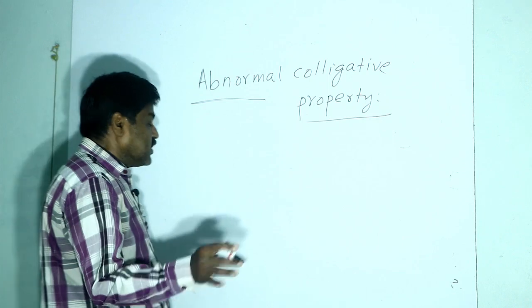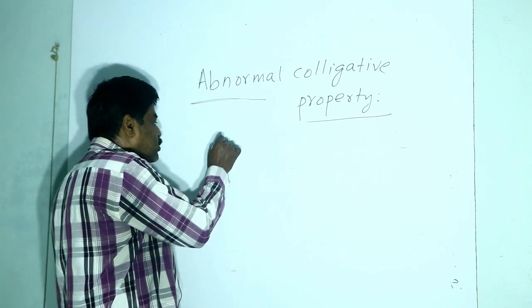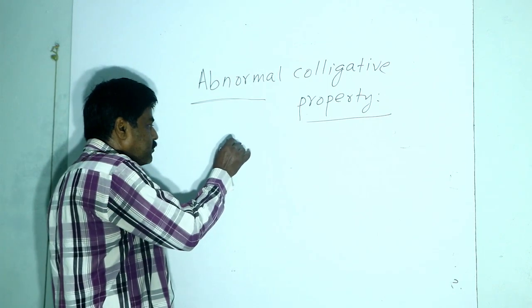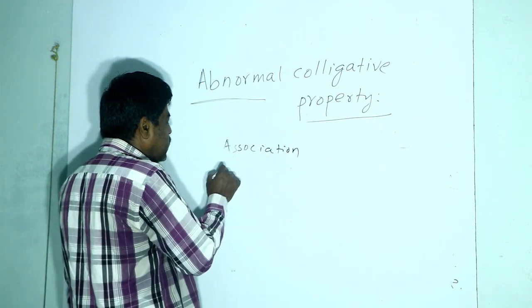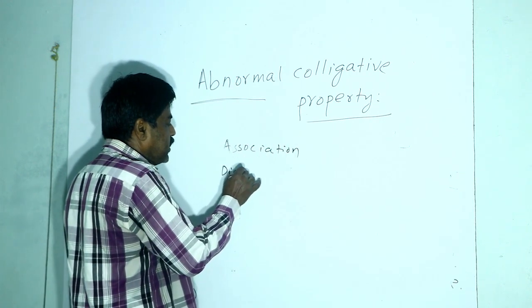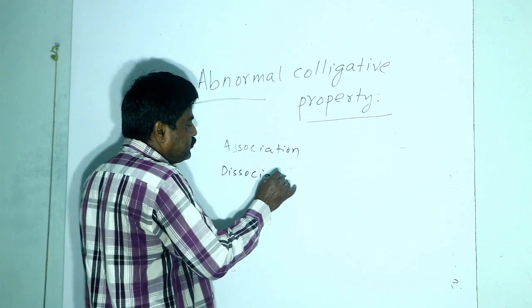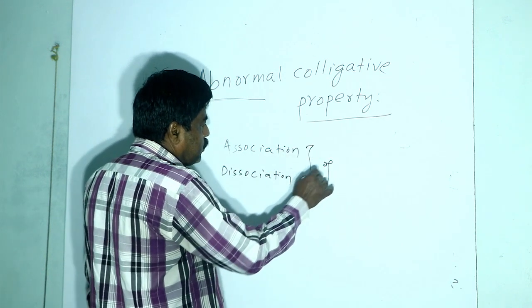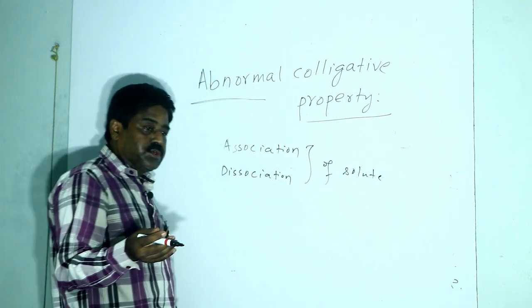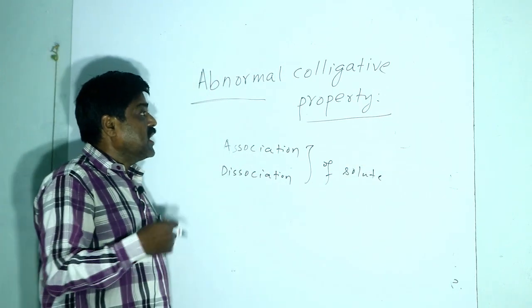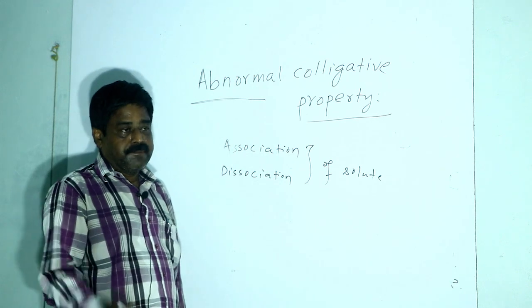So in case of association and in case of dissociation of solute, we get a solution which gives abnormal colligative property.